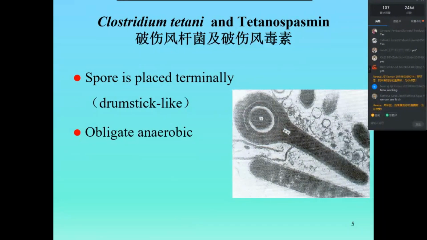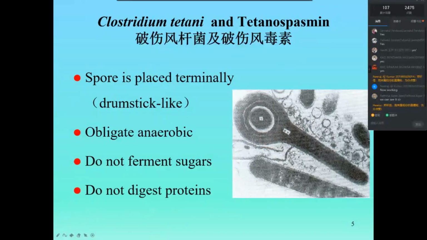They only cause infection in the deep tissues. They do not ferment sugars, and they do not digest proteins. That is special because they must require some special nutrients inside our body rather than using sugars and proteins.